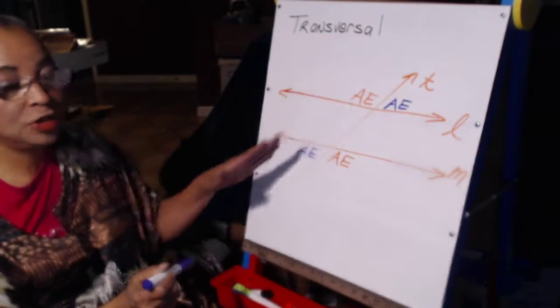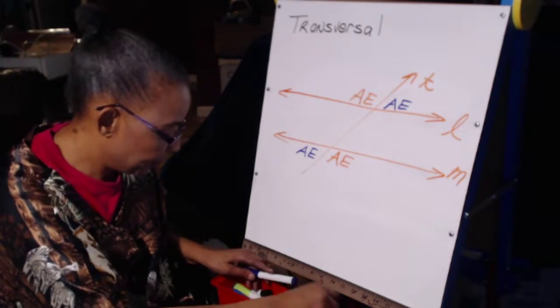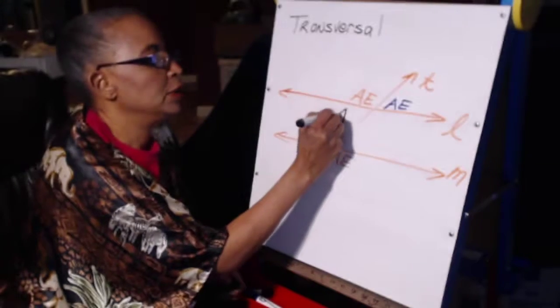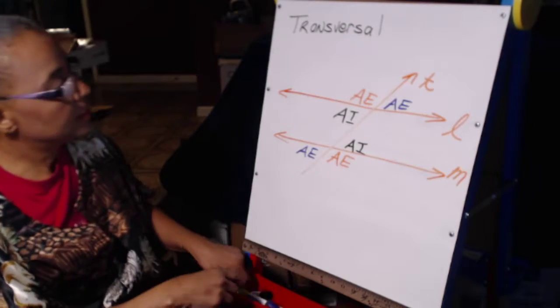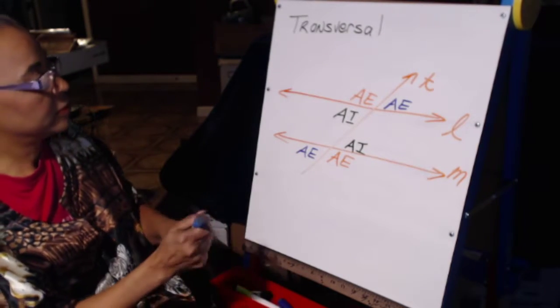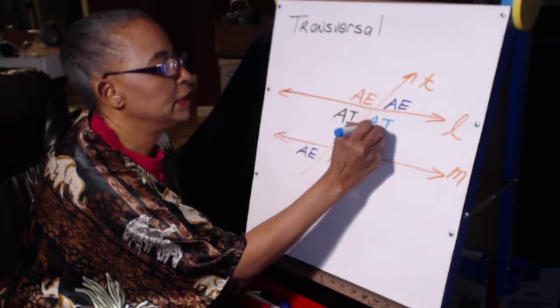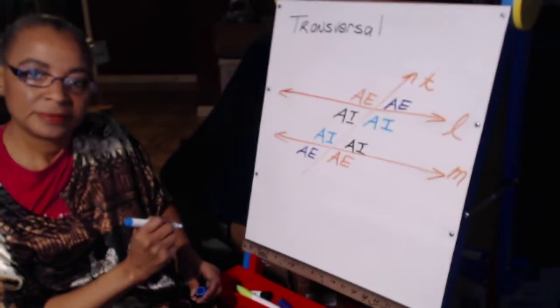Opposite sides of the transversal, both on the exterior. Then we have alternate interior, alternate interior, alternate interior, alternate interior.